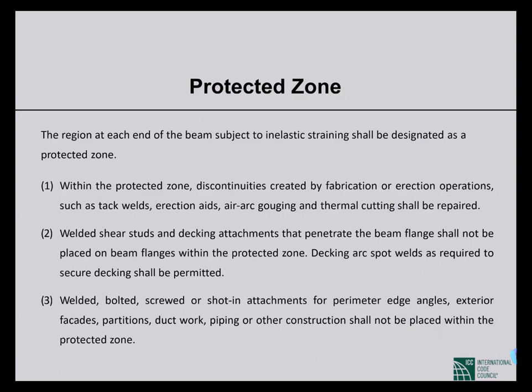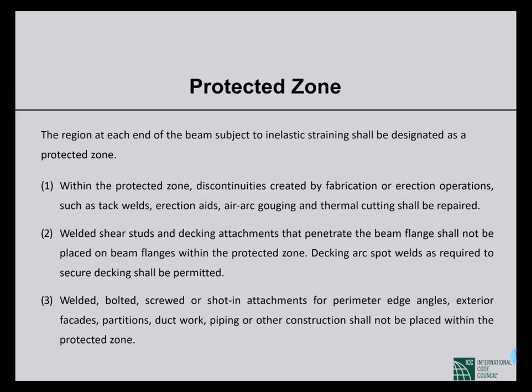Welded shear studs and decking attachments that penetrate the beam flange shall not be placed on beam flanges within the protected zone. Decking arc spot welds as required to secure decking shall be permitted. So any kind of extra stress that can come from other attachments, you should avoid in the protected zone.